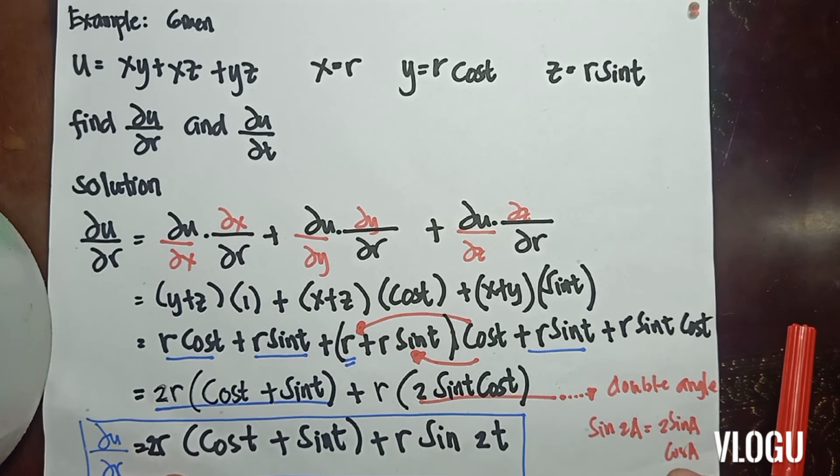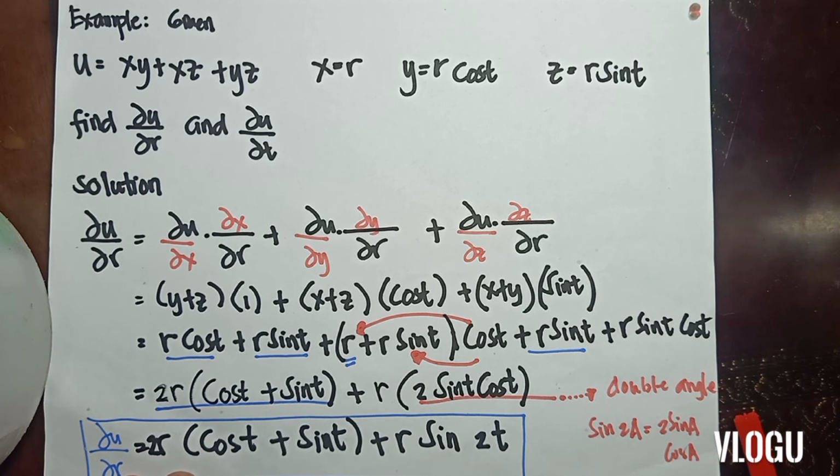And then, so we multiply cos t inside, so you will have r cos t, then you will have r sin t cos t, then combine like terms. When you combine, you have r cos t and r cos t, so therefore you will have 2r cos t, right?